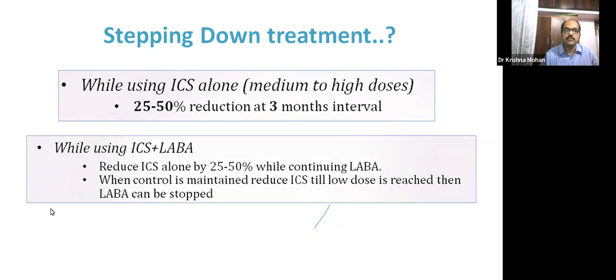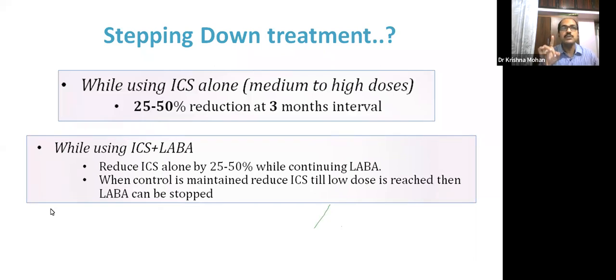But when you are using a combination of ICS and LABA, for example, a combination of budesonide and formoterol, you have started the patient on 200 microgram, but what will you do to step down? So here you have to keep in mind a very, very important point.